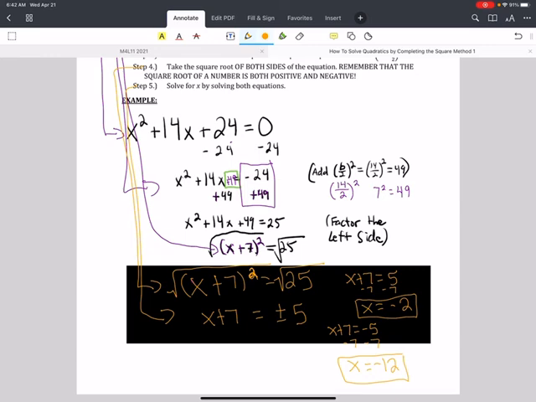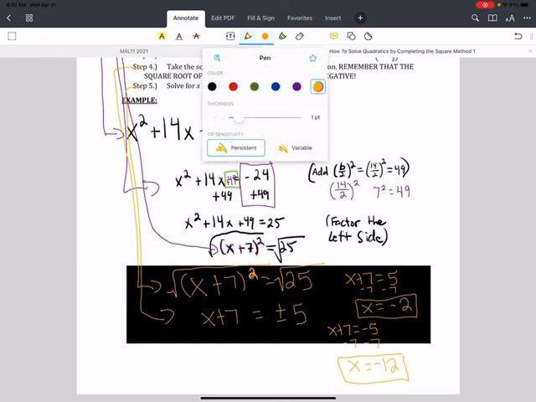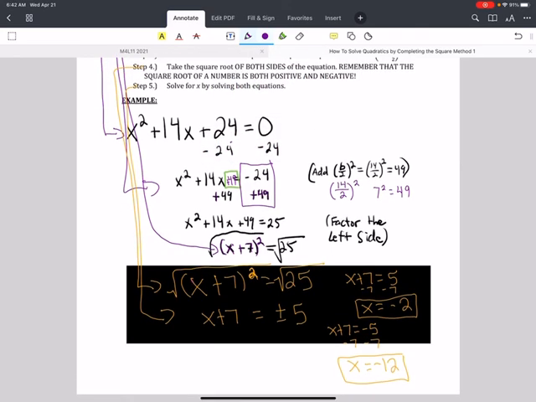That's my other answer. So we end up with two answers: x equals negative 2, or x equals negative 12. And guys, on these, you should get two answers every time, because you have a positive and a negative when you take the square root.